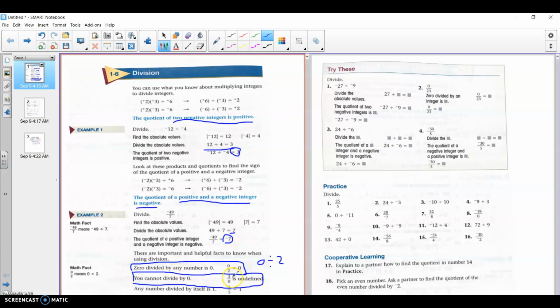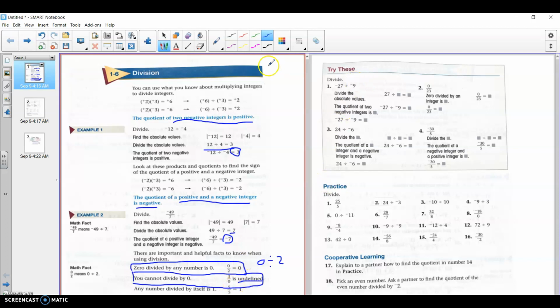So you cannot put a number on top of your fraction, in the numerator, over a denominator that is 0. It is going to be undefined. Not 0, undefined. And again, we'll touch on that. Any number divided by itself is 1. So if you have the numerator and denominator that are the same, your answer should be 1.